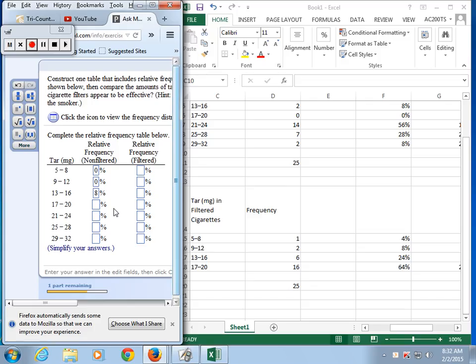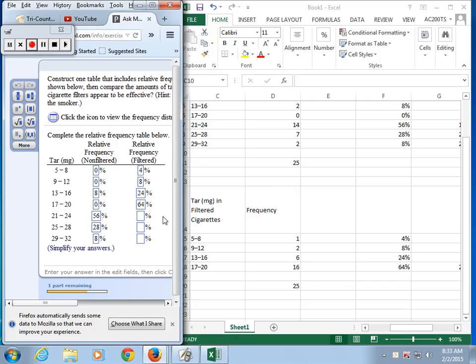8. 17 to 20 is 0. The next one is 56. And 28 and 8. And this one, 5 to 8 is 4. 9 to 12 is 8. 13 to 16 is 24. 17 to 20 is 64.